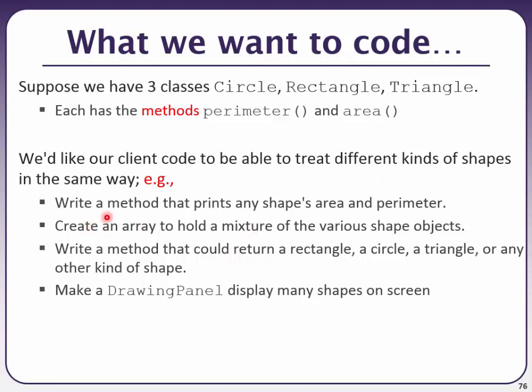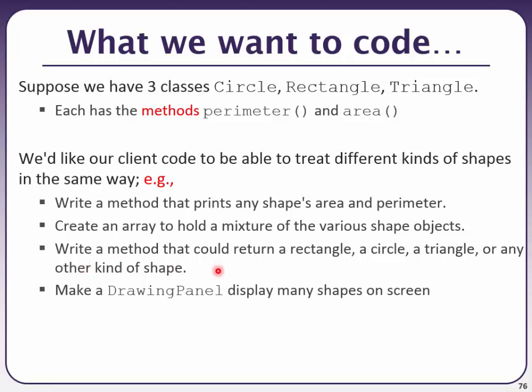An example of that entails writing a method that prints any shape's area or perimeter, regardless of what kind of shape the object is. Create an array to hold the mixture of the various shapes. So an array of shapes is going to be able to contain objects of class Circle, Rectangle, Triangle, just as before an array of class Employee was able to hold objects of class LegalSecretary, Lawyer, and so forth.